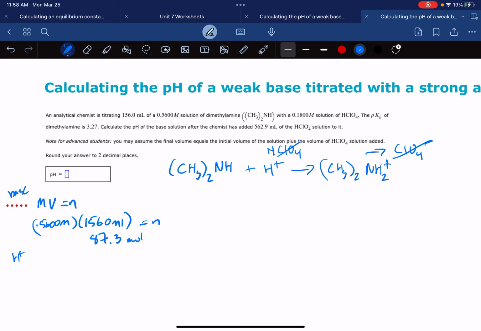Then we're going to do the same exact thing for our hydrogen, H plus: molarity times volume equals moles. Looking up here, we have 562.9 milliliters and 0.1800 molar. So we're going to put that in and write 0.1800 molar times an incredibly large amount of volume, 562.9 milliliters.